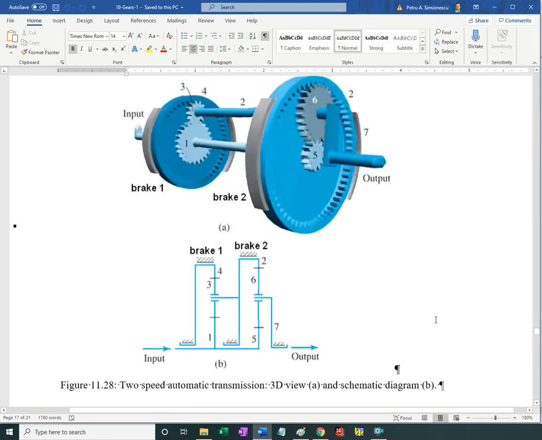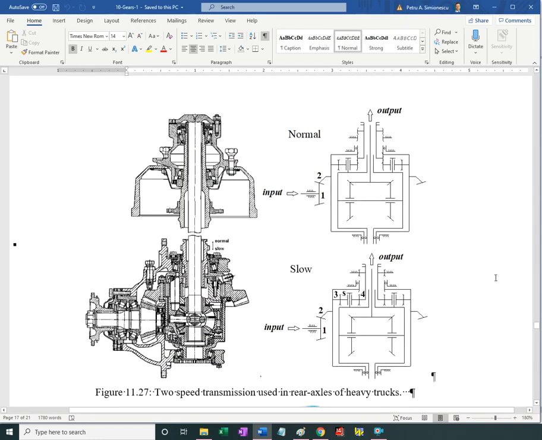I do have, we haven't discussed this, a two-speed rear axle of a heavy truck.